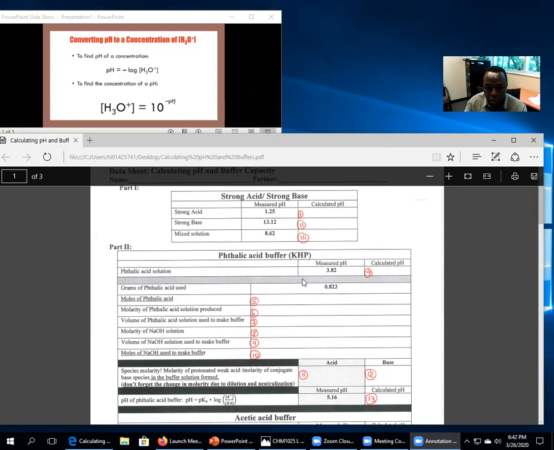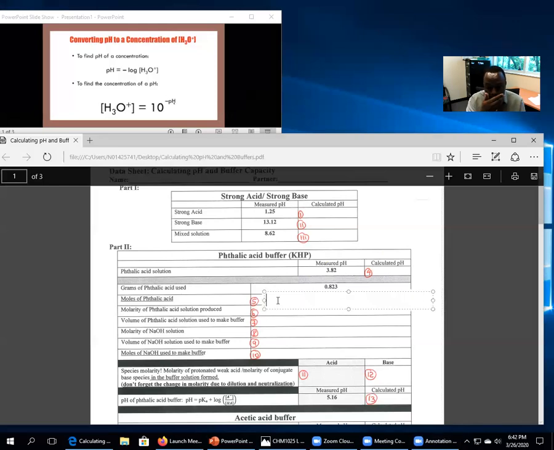Mass over molar mass. So if these are the grams, before we come to the calculation of the pH, right here, we need to find the number of moles of phthalic acid, which in this case is line 5.